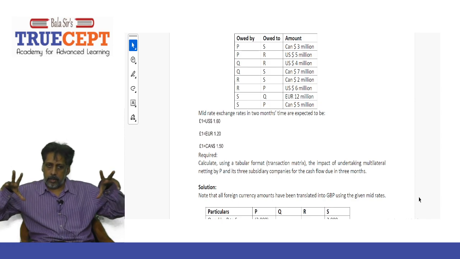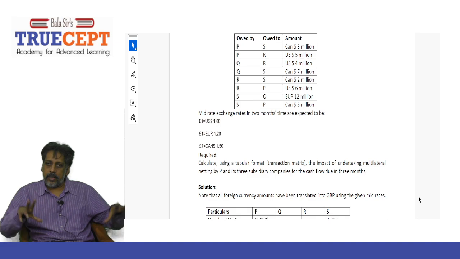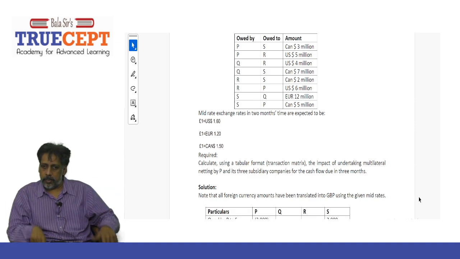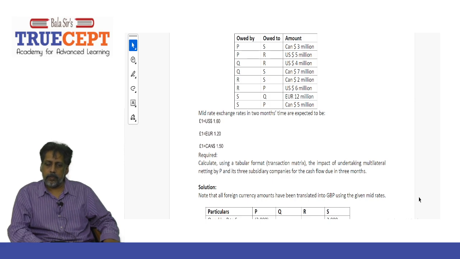You have to find the net amount after cancelling all the intra-group balances. Required: calculate using a tabular format or transaction matrix the impact of undertaking multilateral netting by P and its 3 subsidiary companies for the cash flow due in 3 months.